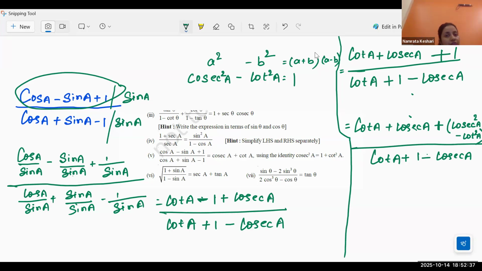This is just a way of writing it, cosec square a, but actually it is cosec a complete square. So if we understand that, then we can write it as cosec a plus cot a in one bracket, and cosec a minus cot a in another bracket. Yes or no?